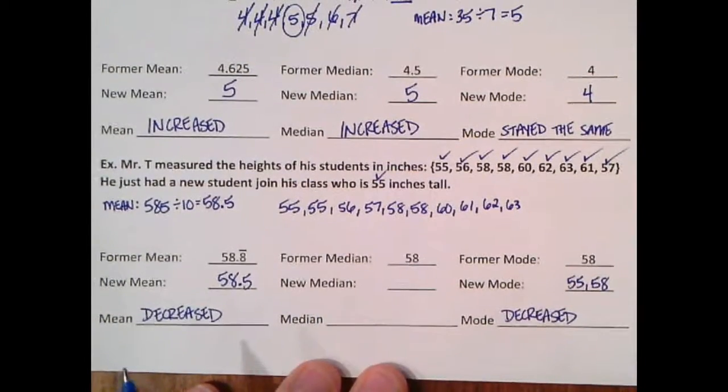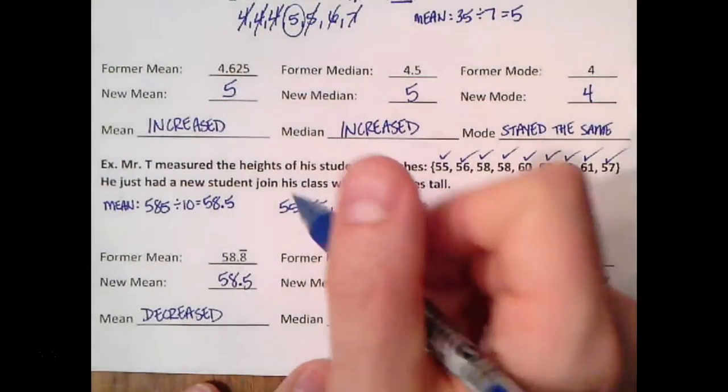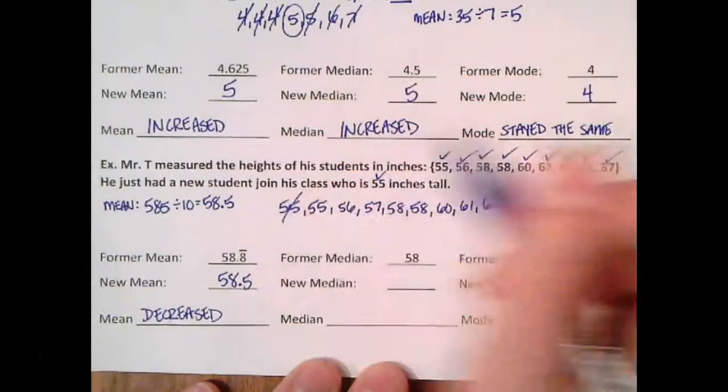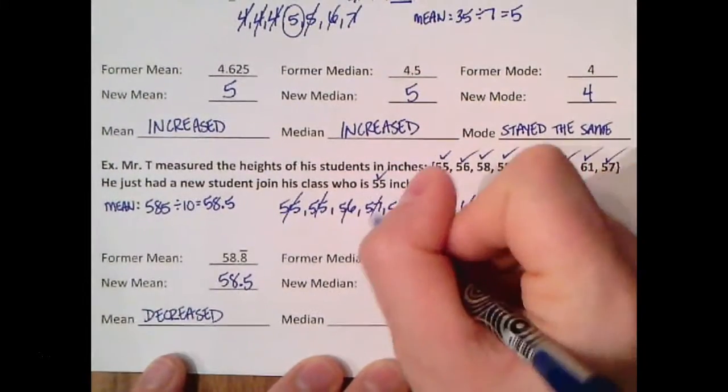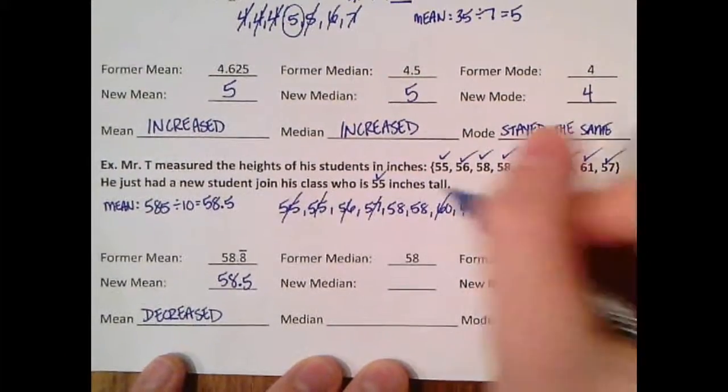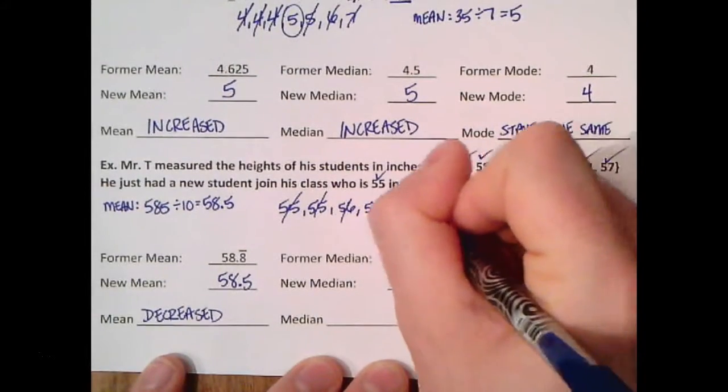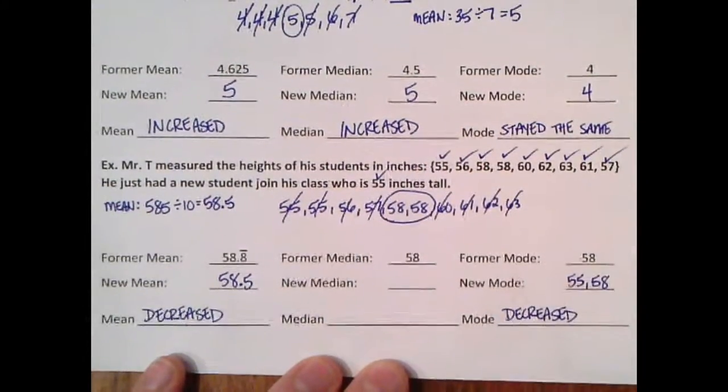All right. Let's take a look at the median. So remember, we're finding that middle number. So we're simply finding what's in the middle of all of our data. So starting lowest, highest, lowest, highest, lowest, highest, lowest, highest. And if you take a look, we have two numbers that are in the middle there.